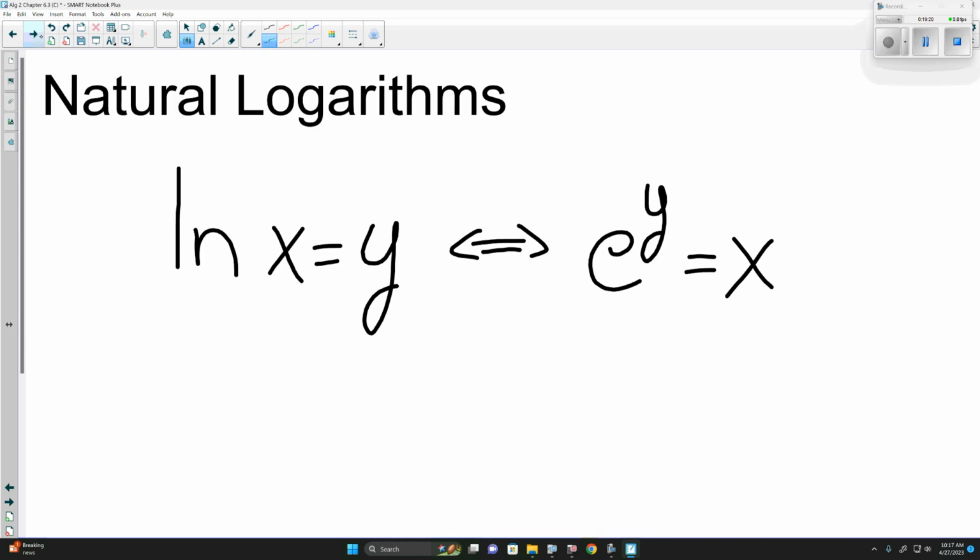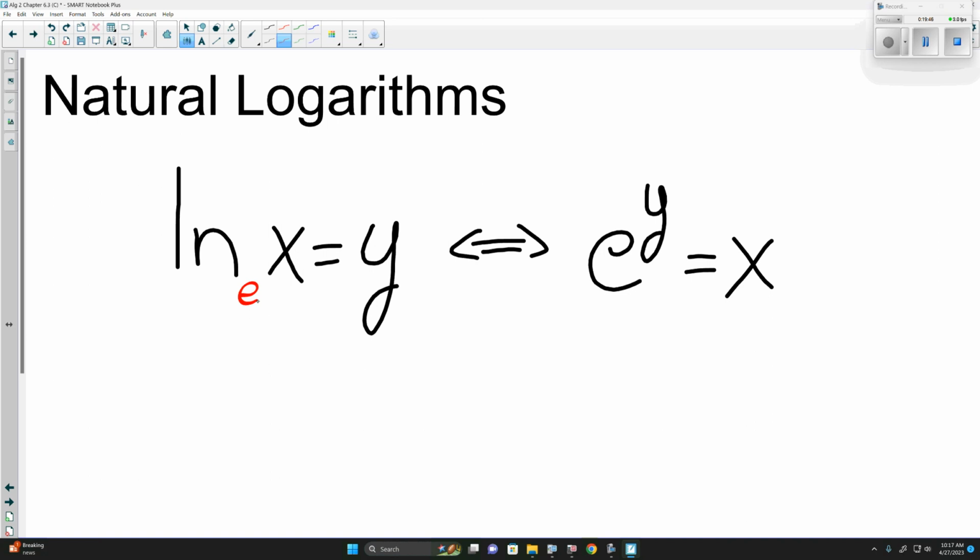Natural logs are the other type of logarithm that we deal with. They're the same as logarithms. They just have a base that we call e. So they have an understood base e. We don't write it, but it's understood to be e. Now, I don't know why they did this, but these are called natural logs.